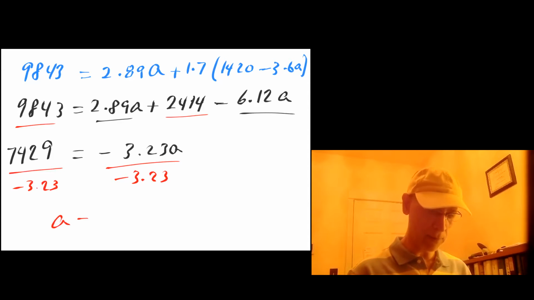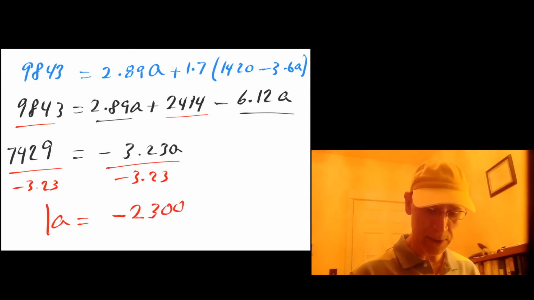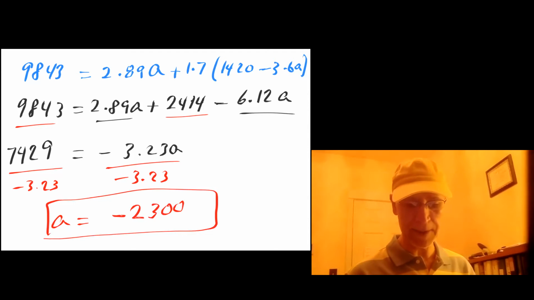So a equals 7429 divided by negative 3.23, which gives me negative 2300. Okay, so I know a equals negative 2300.